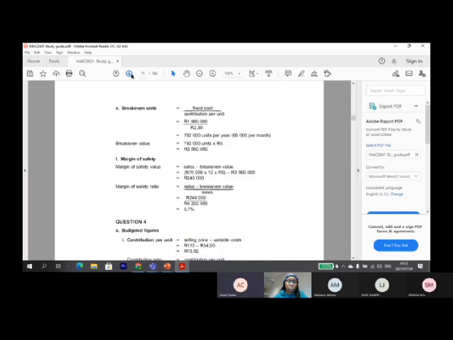And then the break-even value, I said 600,000 times the selling price, which is 5 rand. Okay. So yes, fixed cost over contribution per unit. Can we cover our fixed cost? Those are the units that we get, 66,000 per month. And then for value, you multiply it by the sales value.